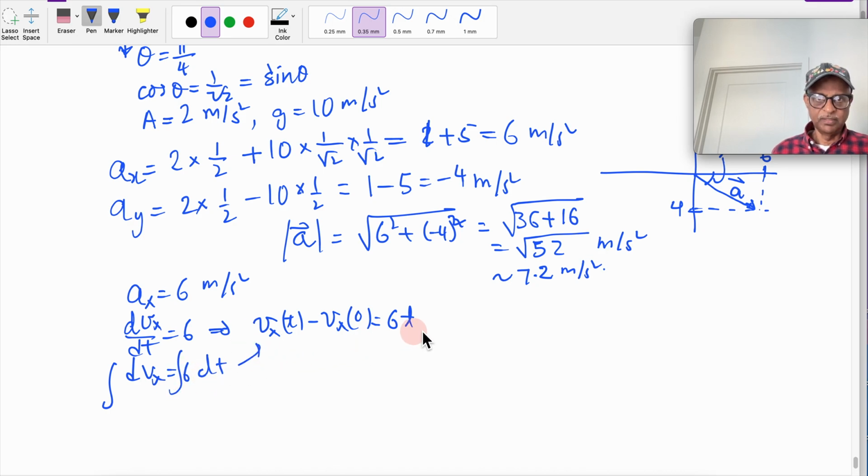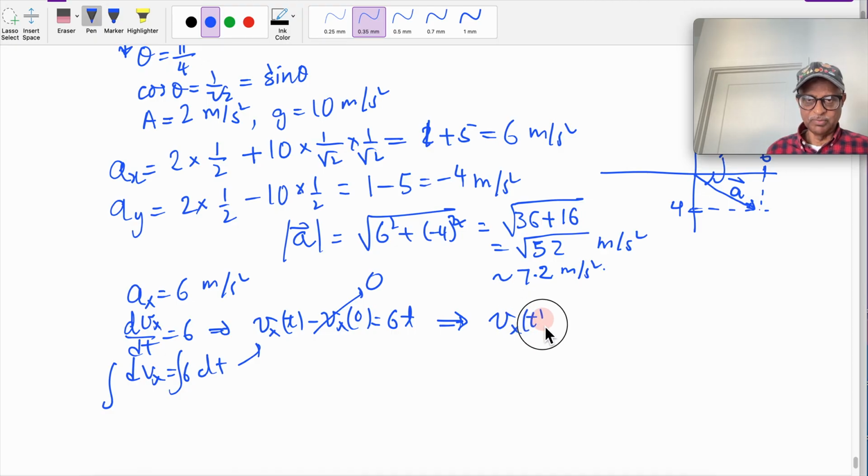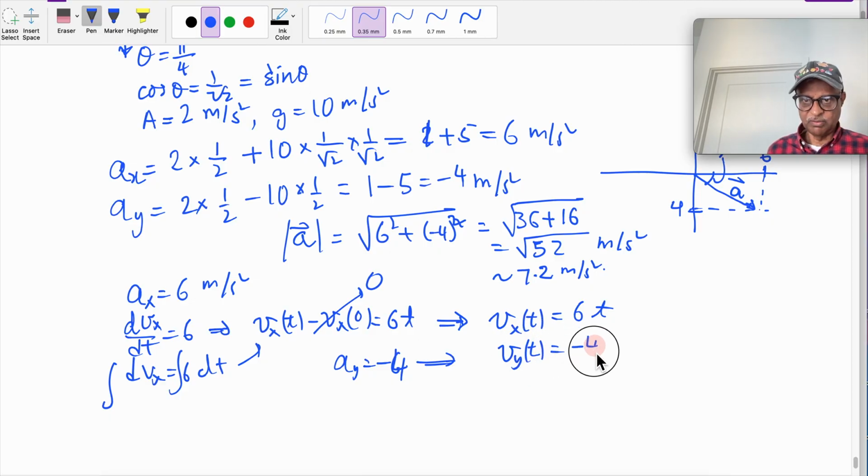Integrate gives you that, and this is 0 for us, that's what it says, it was at rest. So Vx at any time is going to be 6t. Similarly, ay equals minus 4 means Vy at t is going to be minus 4t.